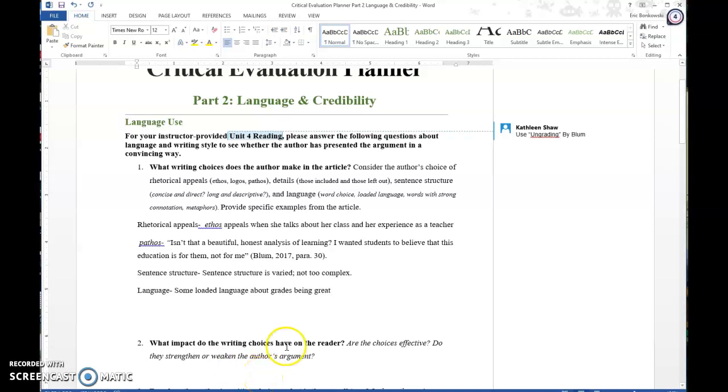So if you've read the article, you know that that's fake. Not a big fan of grading, but I'm just doing this as an example of what you could include. Some loaded language about grades being great, and then I would include an example.